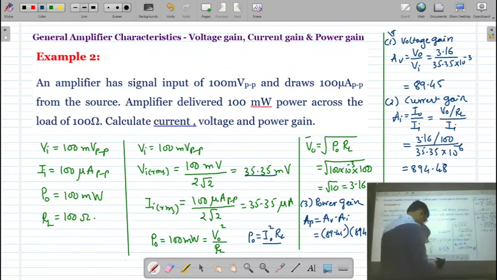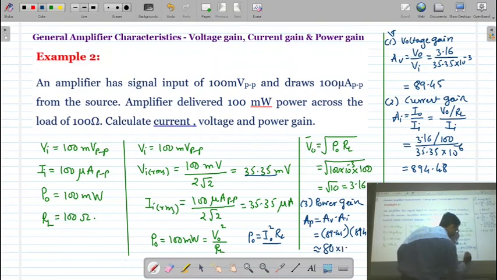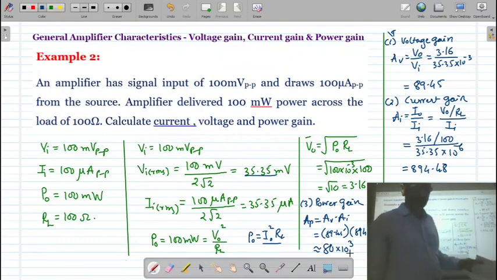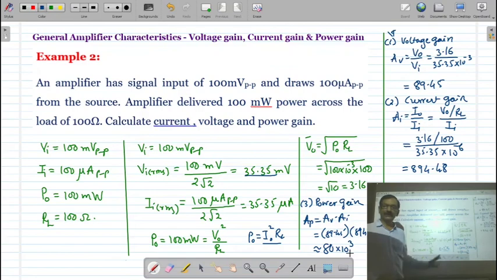And roughly this will be 80 into 10 to the 3. Remember that the current gain, voltage gain and power gain are all ratios, so they do not have any unit. They are dimensionless quantities. Okay.